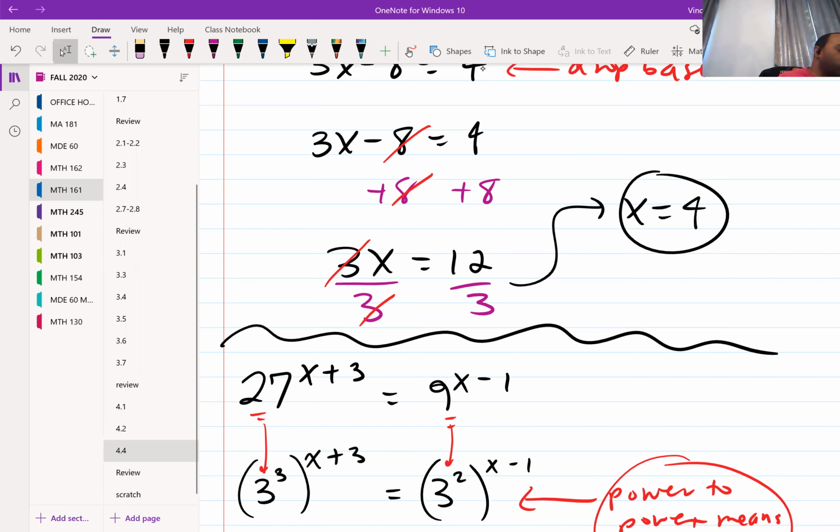Now that our bases are the same, we can just drop the bases. That gives us 3 times x plus 3 equal to 2 times the quantity x minus 1.